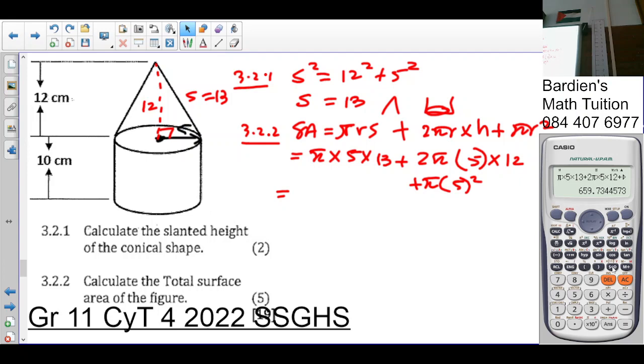No? Okay, no problem. Let's check where we went wrong. Three, two, two. The height is supposed to be 10. Okay. My mistake here is 10.